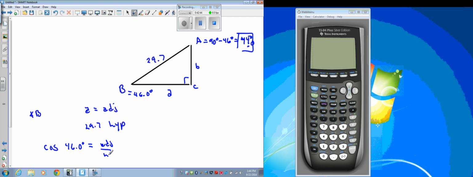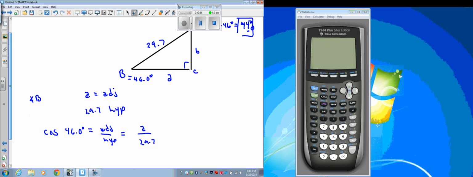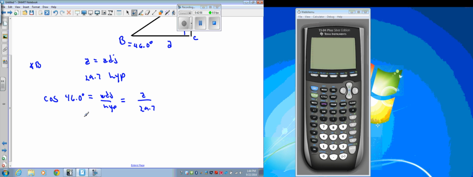So I put the adjacent as A, and the hypotenuse is 29.7. So when I calculate A, I'm going to multiply 29.7 times the cosine of 46. And that's going to give me A.